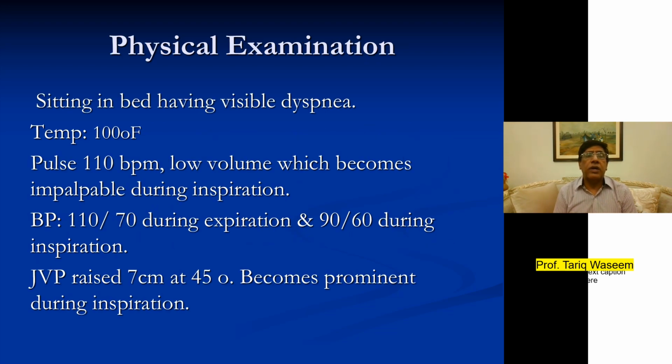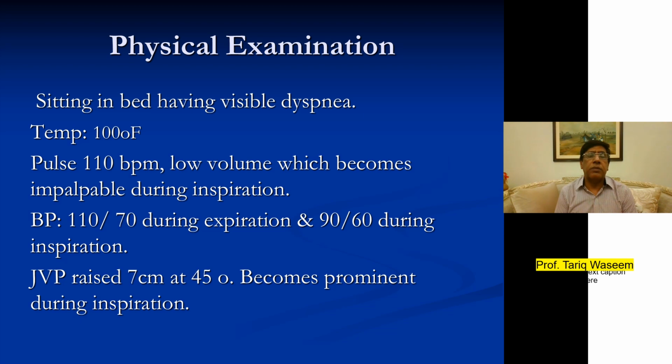Now this boy was sitting in the bed but visibly dyspneic. He was febrile with a temperature of 100 degrees Fahrenheit. His pulse was 110. Pulse was low volume. The characteristic feature was that the pulse used to become impalpable during inspiration.